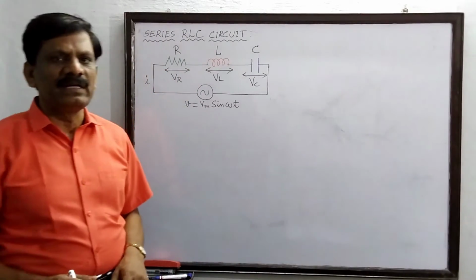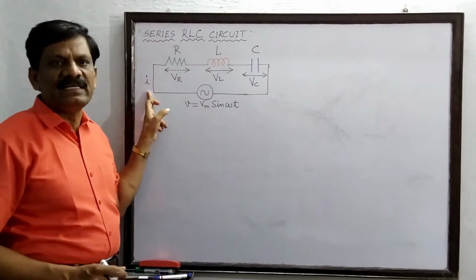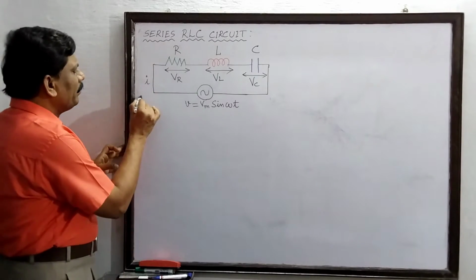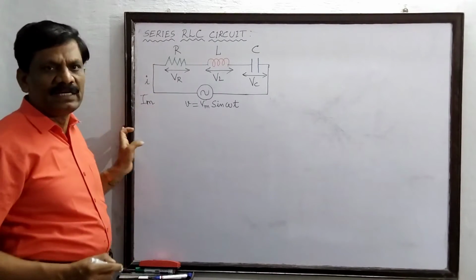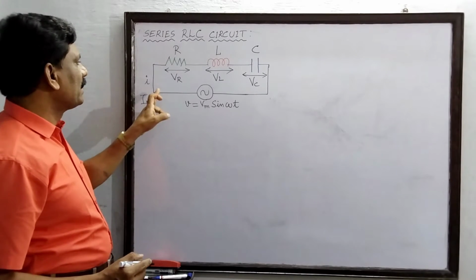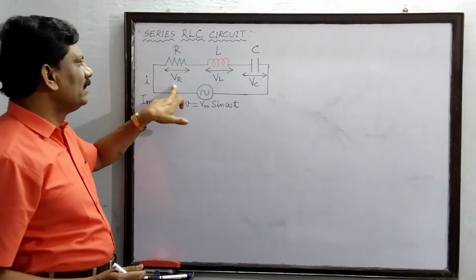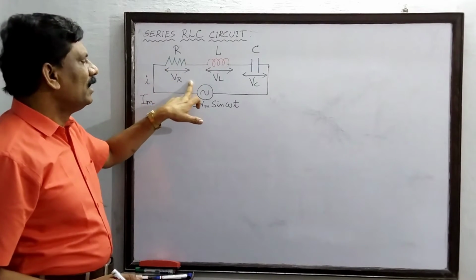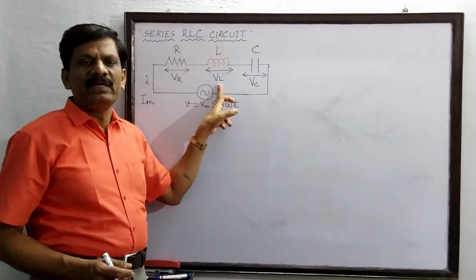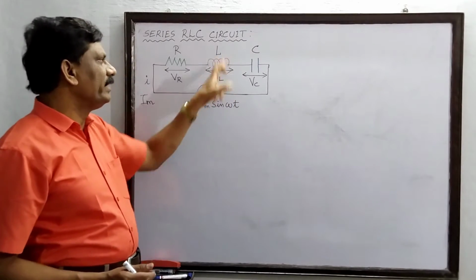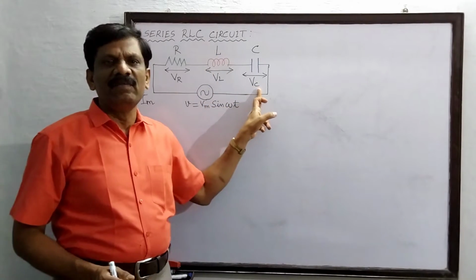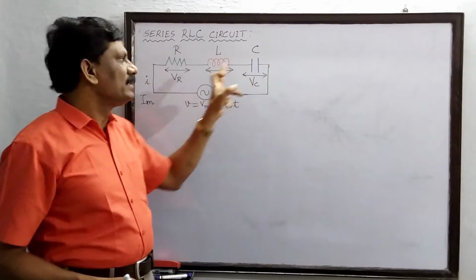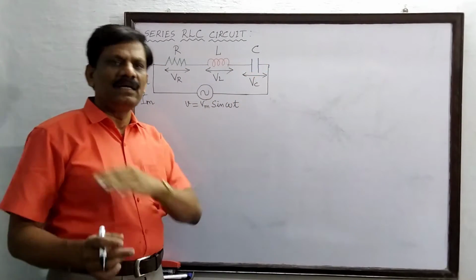So at a particular instant, let I be the instantaneous current and Im be the maximum value, the peak value of the current. Now when this current flows through the resistor, a potential drop VR will be established across R and a voltage VL will be developed across this coil L and a voltage VC will be developed across this capacitor C. Since they are in series, the current will be the same.